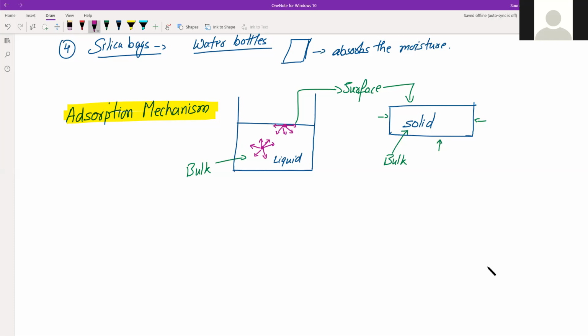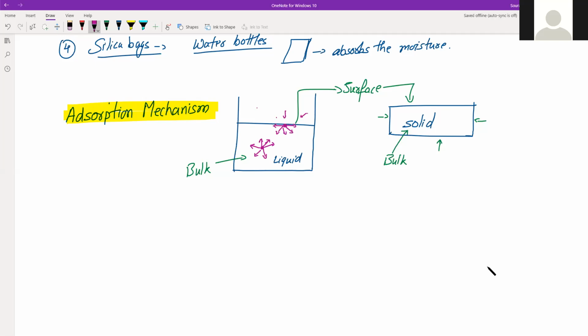So a molecule at the surface is surrounded by a larger number of molecules in the liquid phase and fewer molecules in the vapor phase. There will be vapors of the same liquid in the vapor phase also, but they will be very few, and because they are very few, this attraction will also be very less.